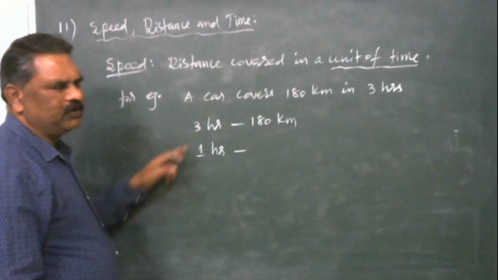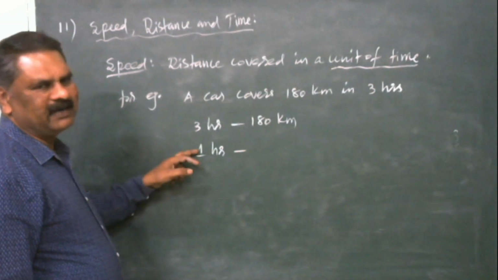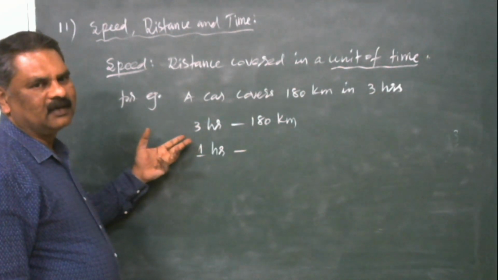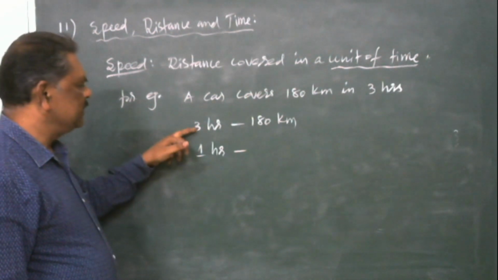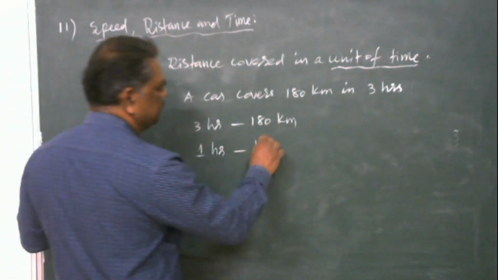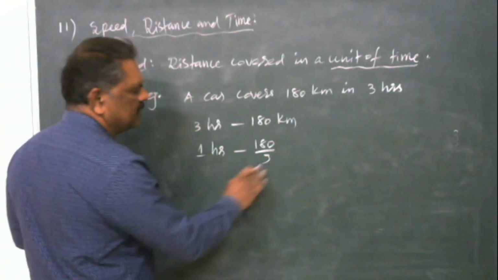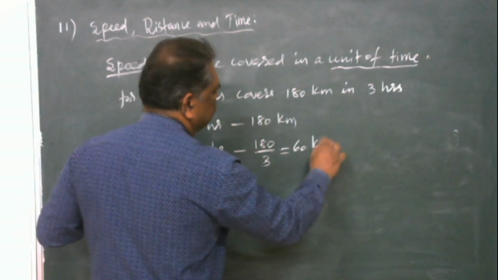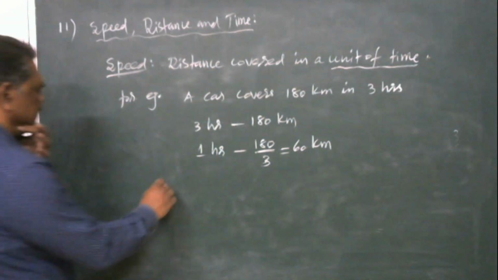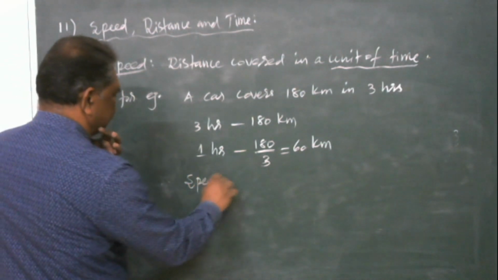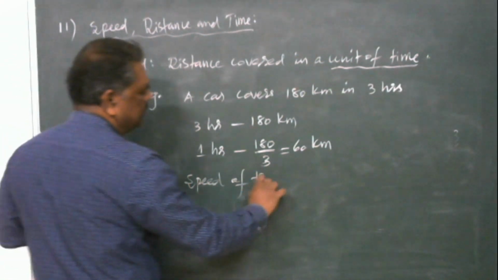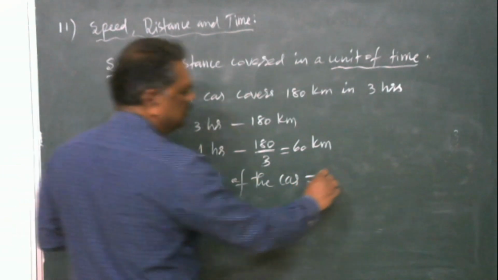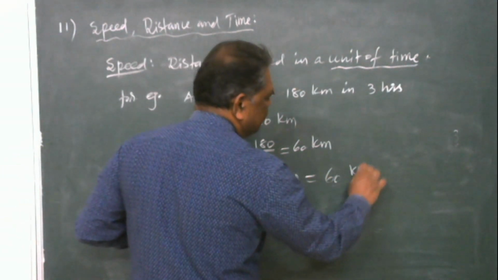So how do you get 1? Just dividing by 3. 3 divided by 3 is 1. Similarly here, if we divide 180 by 3, which is equal to 60 km. Therefore, we can say the speed of the car is 60 km.